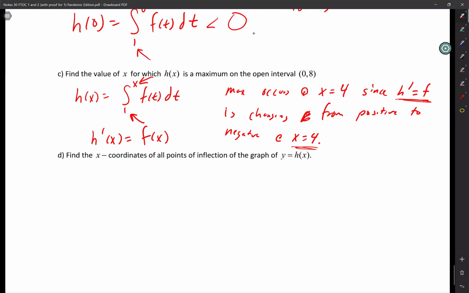Okay, I was going to say when the original graph changes concavity. Okay, but how do I know that? That is when I have a point of inflection. But how do I know it with calculus?